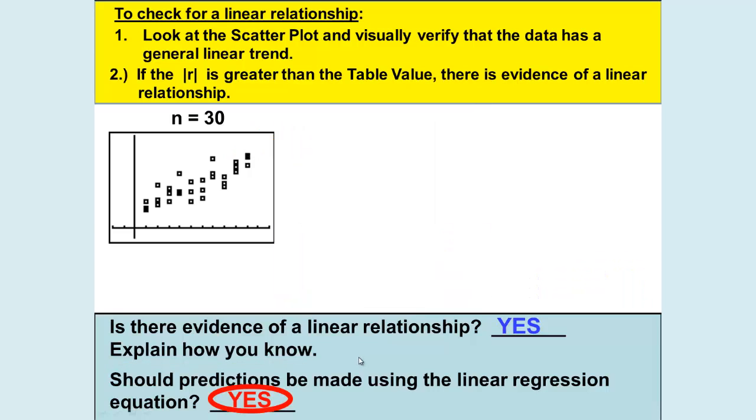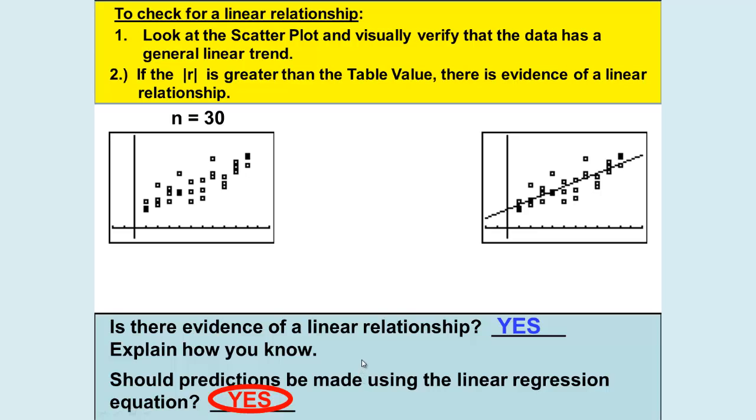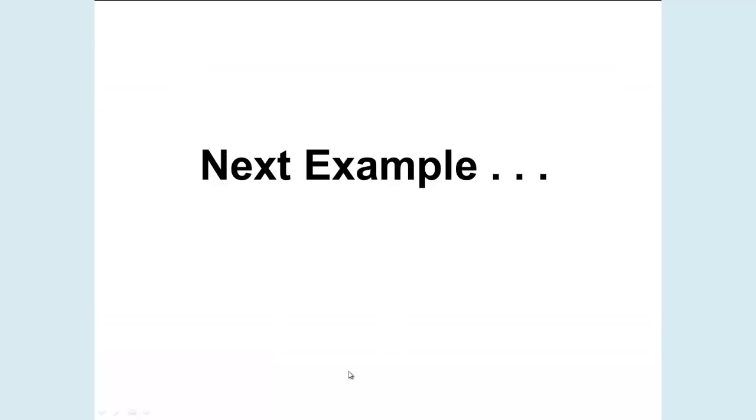Since there is evidence of a linear relationship, we can now answer yes to the question, should predictions be made using the linear regression equation? So yes, we can use the linear regression equation to make predictions.